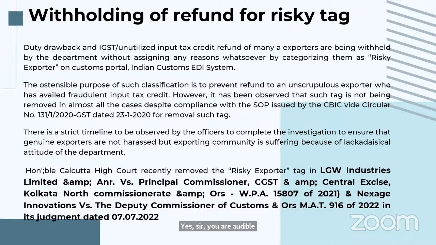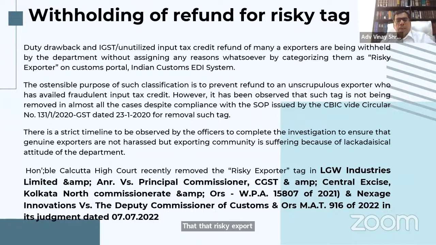So that risky exporter tag, as I was saying, many a time the department does nothing about it, and they just keep obstructing the refund. So the argument is that if any legitimate tax is due to the government, they are entitled to claim it by virtue of a show cause notice.